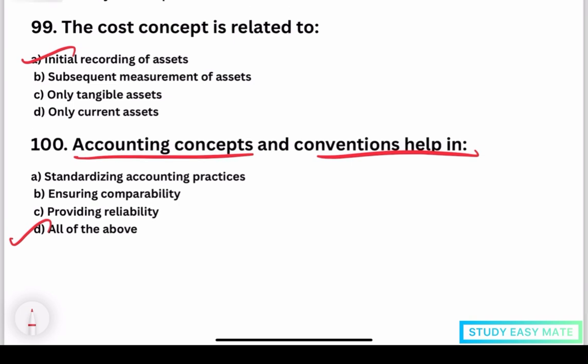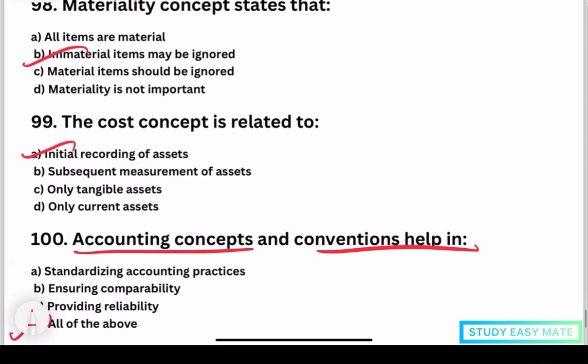Why? Because it should ensure uniform treatment. It also enables meaningful comparisons, and makes financial statements dependable for decision making. So these benefits collectively will enhance the quality and usefulness of financial reporting.